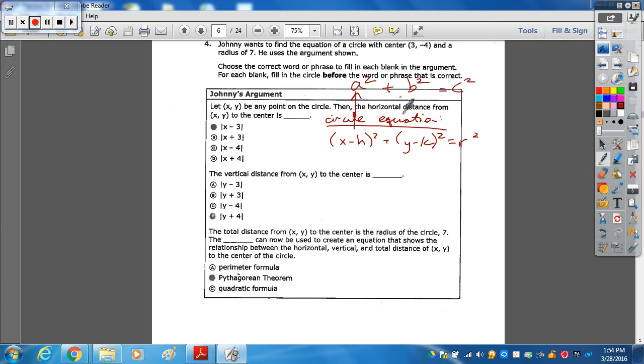Basically, that formula comes from the Pythagorean theorem, also the formula that we talked about earlier this year. The distance formula also comes from the Pythagorean theorem. However, this one doesn't have a square root in it. Why is that? Because they squared both sides, so we have this right here.